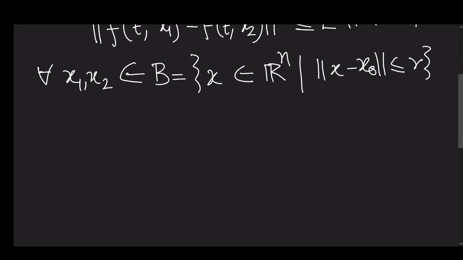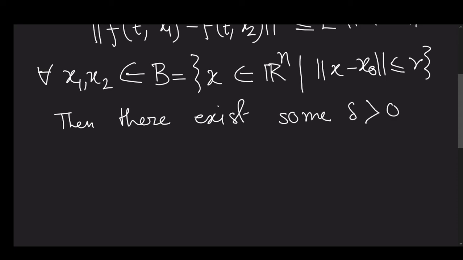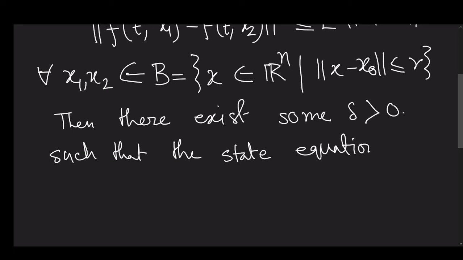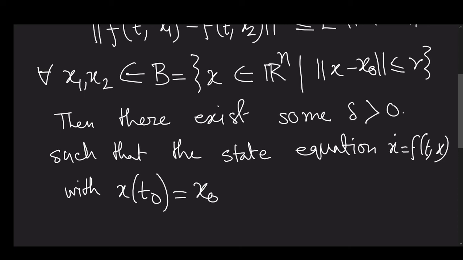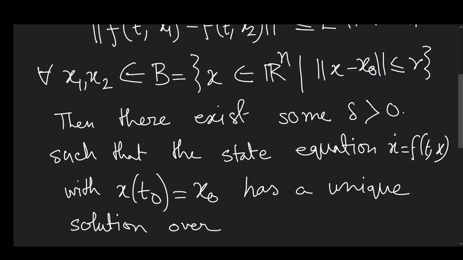Then there exists some delta greater than 0 such that the state equation x dot is equal to f of t comma x with x t naught is equal to x naught has a unique solution over t0 to t0 plus delta.